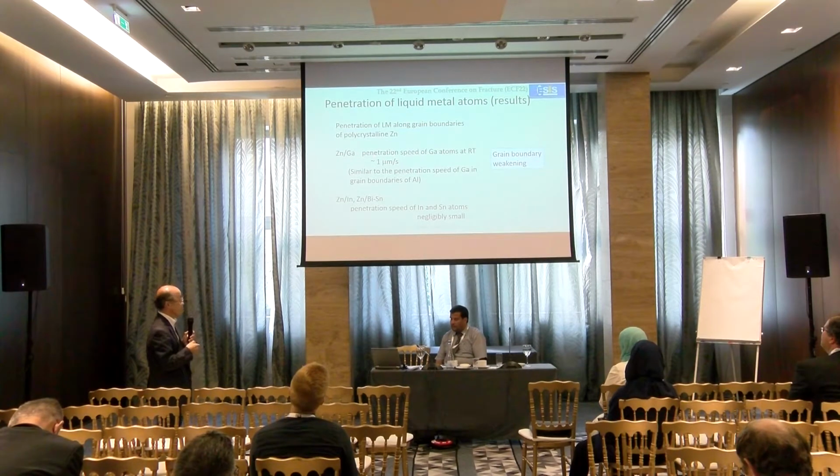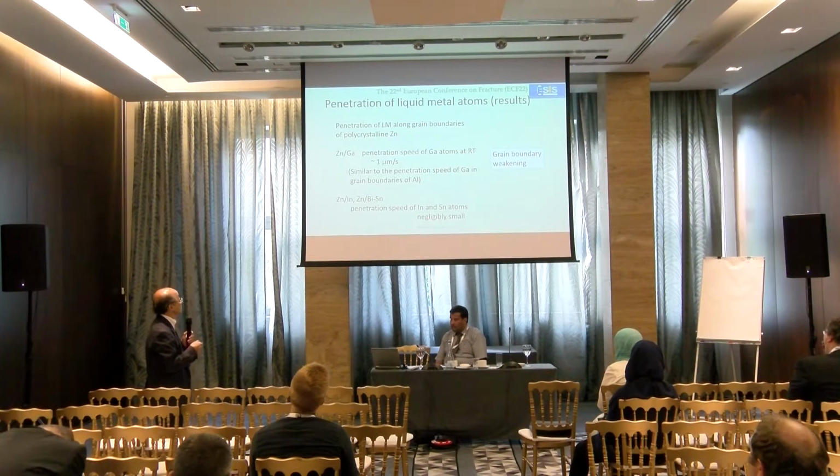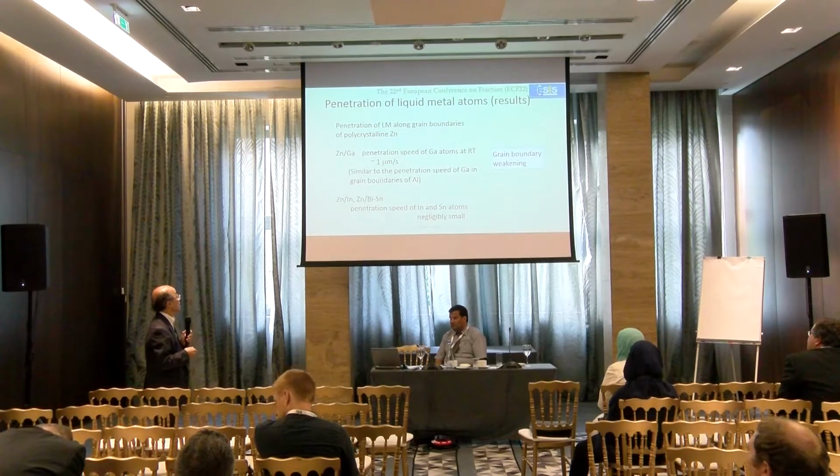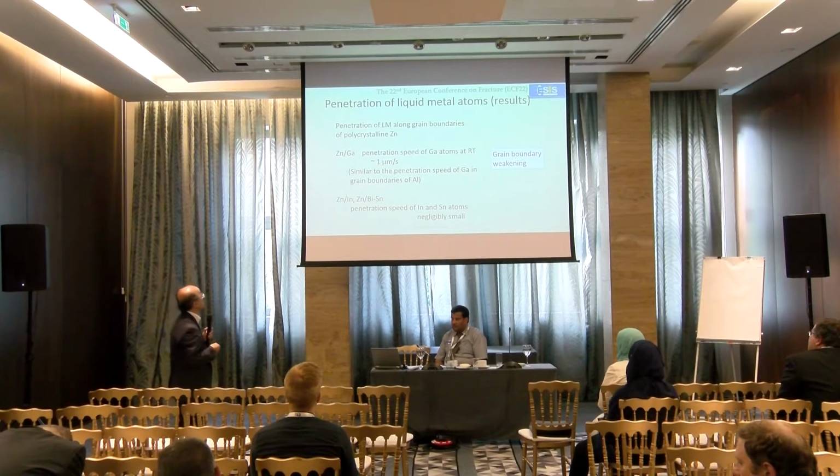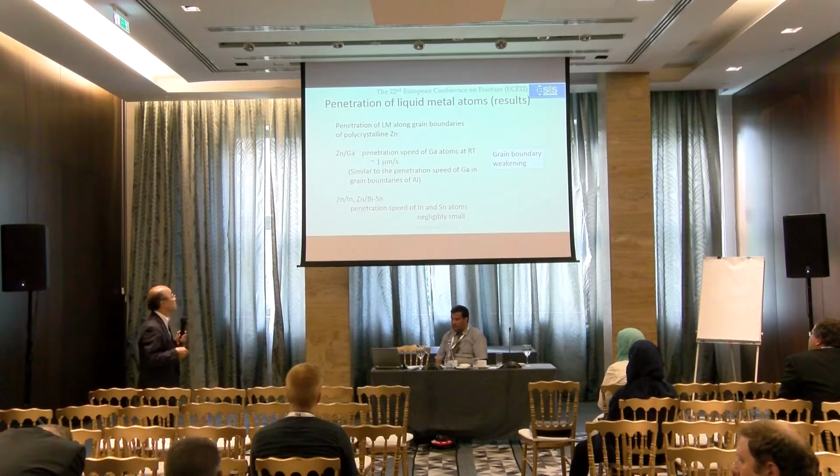From the thickness of the plate, the penetration speed can be estimated. It was 1 micrometer per second. This is a similar value to the gallium penetration speed in aluminum grain boundaries. But indium and tin penetration speed is negligibly small.